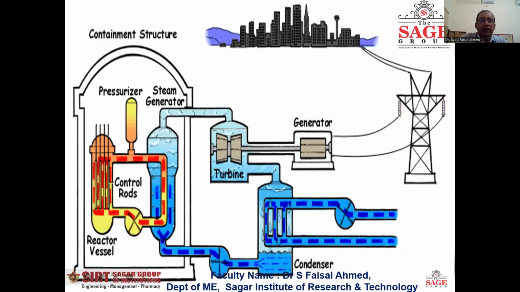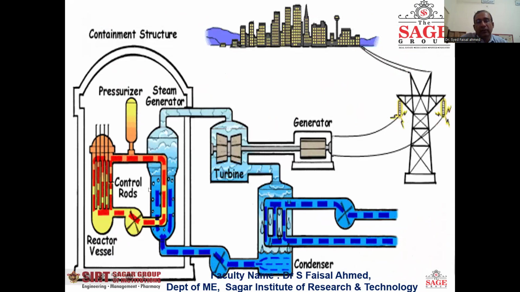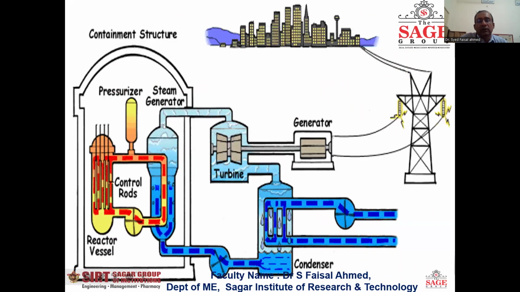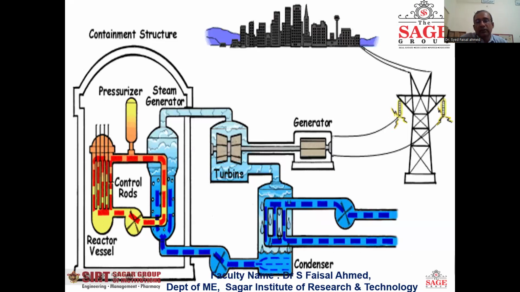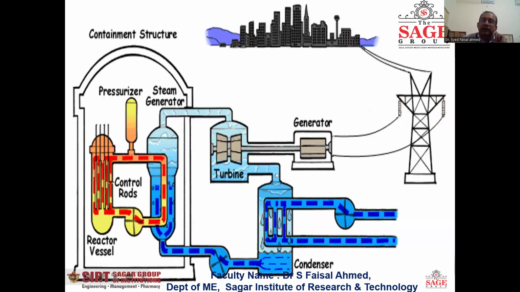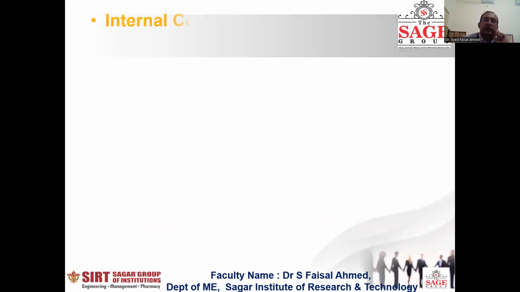There the burning of fuel takes place. Whatever fuel you are taking, in a nuclear power plant, nuclear fuel has a fission reaction taking place, and water is converted to steam, and this steam is used to operate the turbine. The turbine drives the generator, and electricity will be generated, and the rest of the steam is condensed back to water and again released. This is the process which is going on.